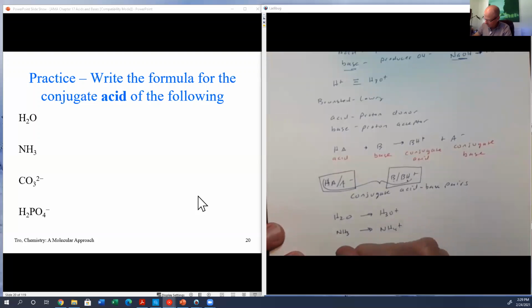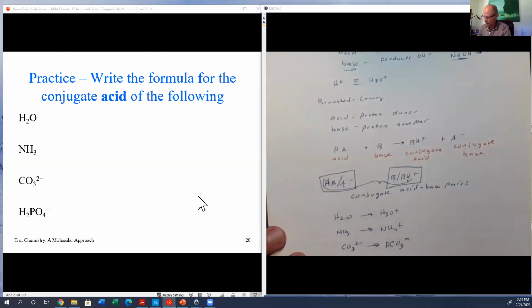What would be the conjugate acid of CO3 2 minus? It'd be H2CO3. Usually it's only one proton, so you would just add one and you'd end up with HCO3 minus.